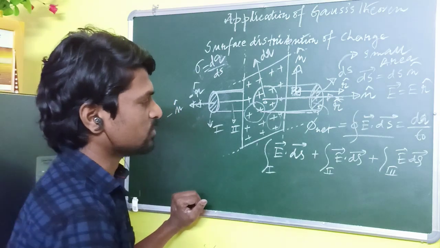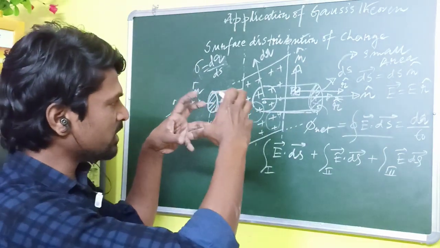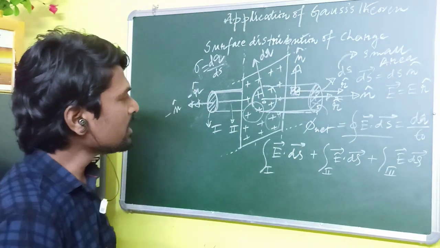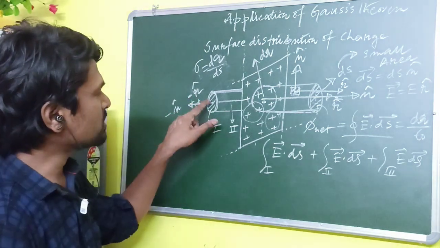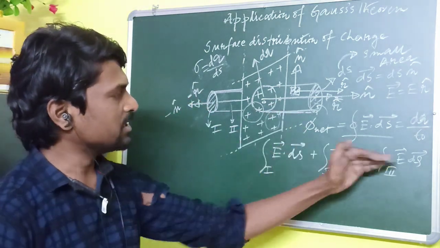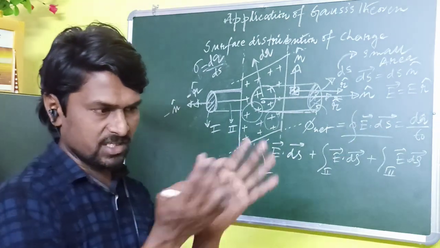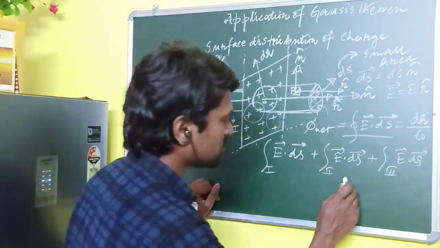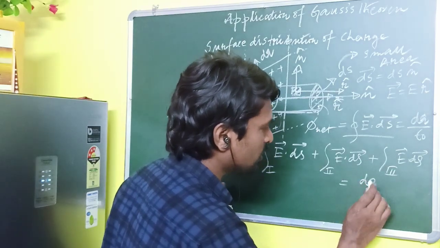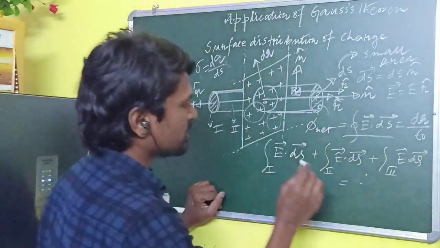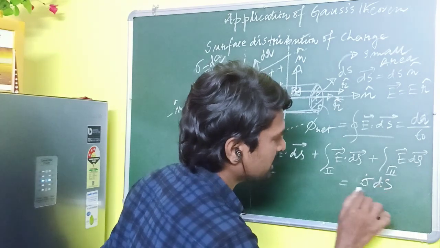For that particular case, if we divide the cylinder as surface 1, surface 2 and surface 3, then you have to break up this total closed integration into open integrations. This is equal to dq, where dq equals sigma into ds. So sigma ds by epsilon naught.